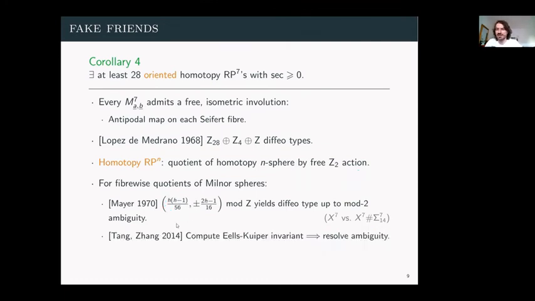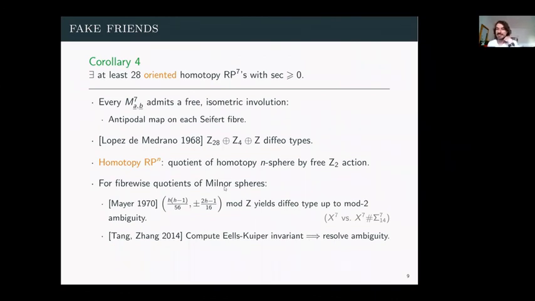But at least in my current understanding of the situation, it seems that Tang and Zhang resolved this ambiguity because they computed the Eells-Kuiper invariant of all of these fiber-wise quotients of Milnor spheres. And they showed, again, there's a sign floating around, but I think that's to do with the possible spin structures on these guys, as far as I understand it, they completely resolve it and show that the only thing that can happen is that you get one diffeomorphism type of quotient.